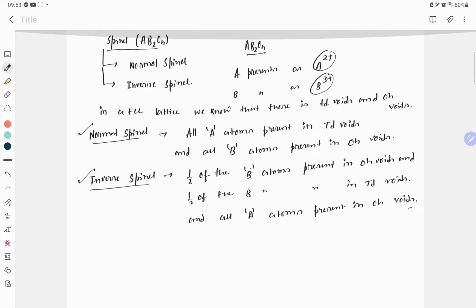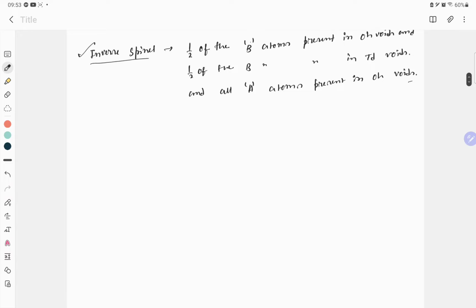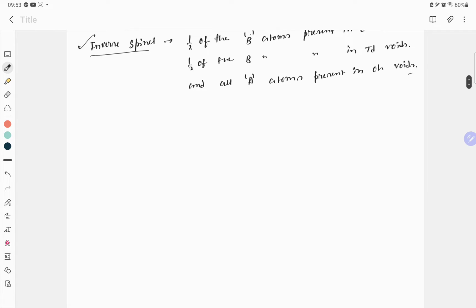Okay, so we have to remember another thing, the occupancy. We know that in an FCC lattice there are 8 tetrahedral voids and 4 octahedral voids.